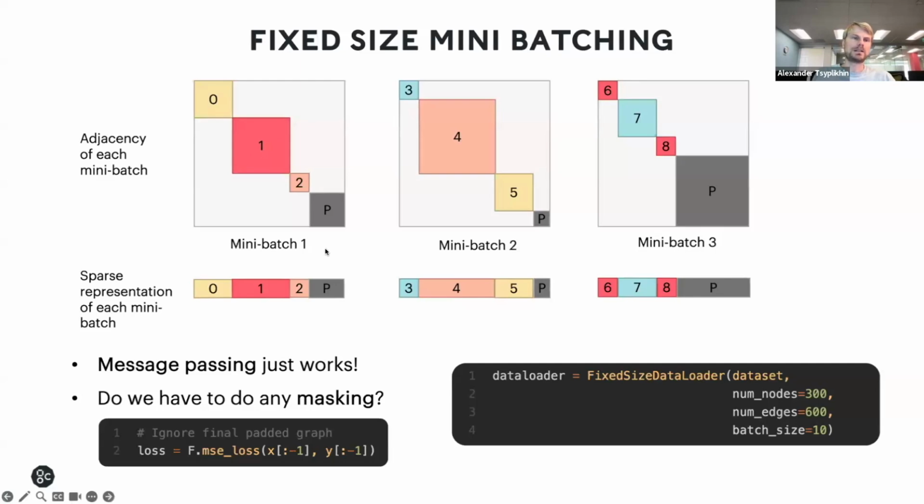And padding graphs, these molecules that do not exist, will be ignored in the loss by just this vector operation, throwing away the last element of targets and computed predictions.